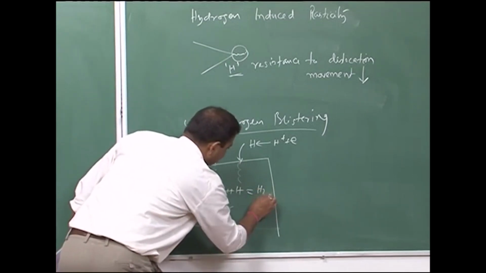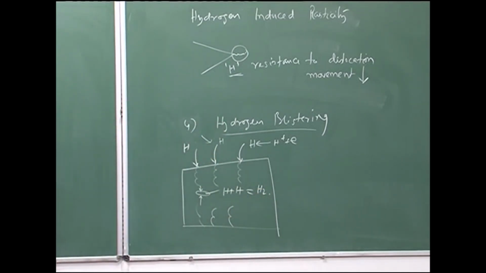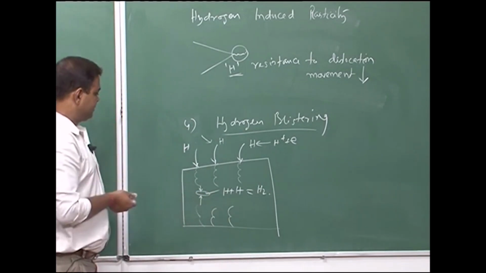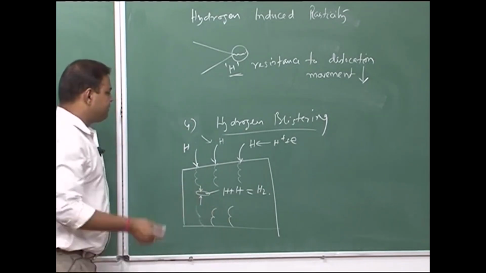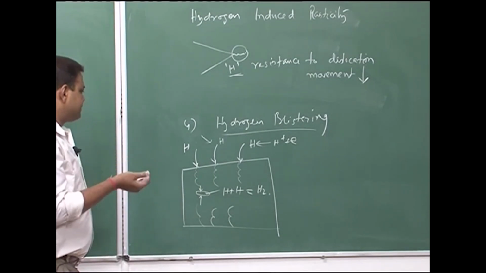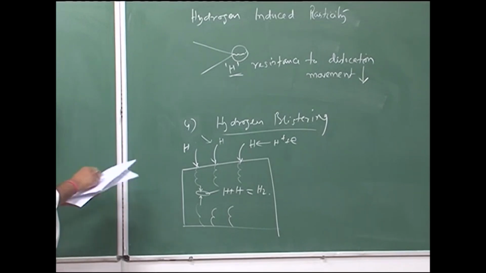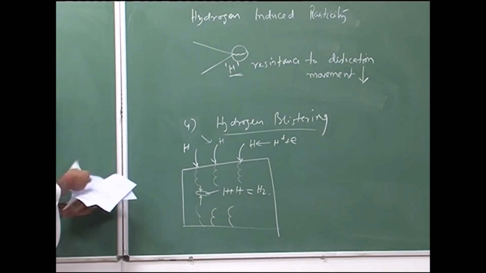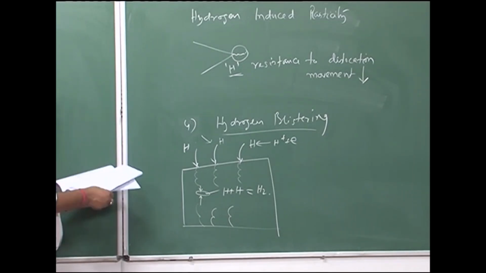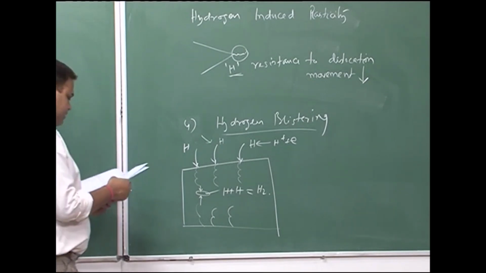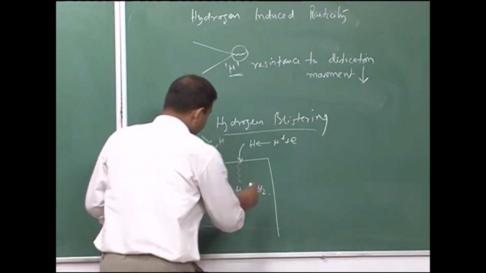In this case those two hydrogen atoms can join each other and form a hydrogen molecule, and then gradually in this zone the pressure increases, and that pressure could be very high, almost close to some 100,000 atmospheres.